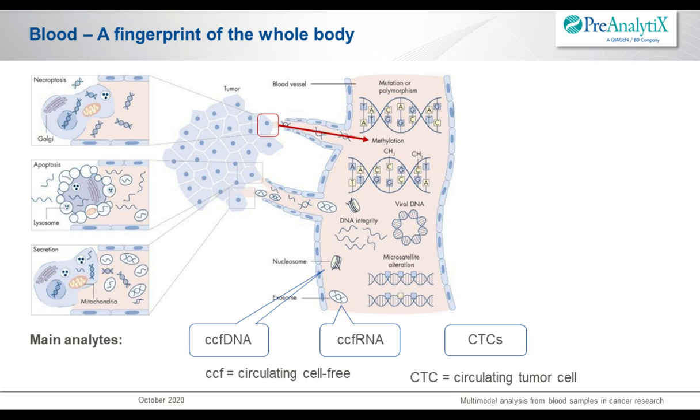So we have these three main compounds of liquid biopsy molecules that are of interest. So the ccfDNA, as I said, mainly of this mononucleosomal feature, and then ccfRNA, which is mainly found in the exosomes. And then, as another important compound, of course, we have the release of complete cells from the tumor into the bloodstream, which are called CTCs, so circulating tumor cells.